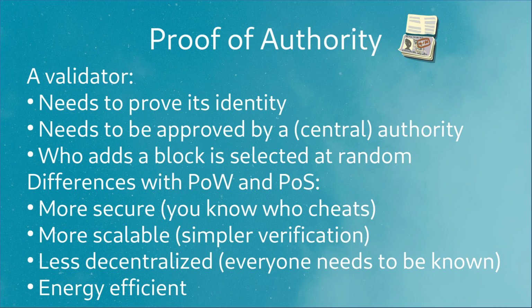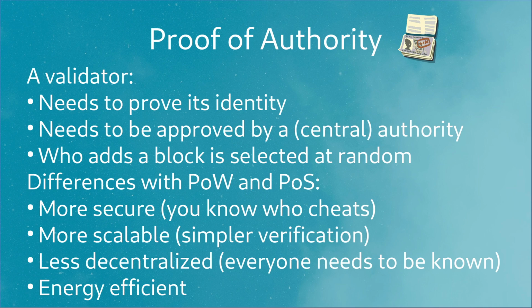And in proof of authority, you have to prove your identity, and people know who you are, so if you misbehave, they can hold you responsible, while in proof of work or in proof of stake, they cannot hold you responsible. You only lose your compute efforts, or you can only lose the money that you staked.